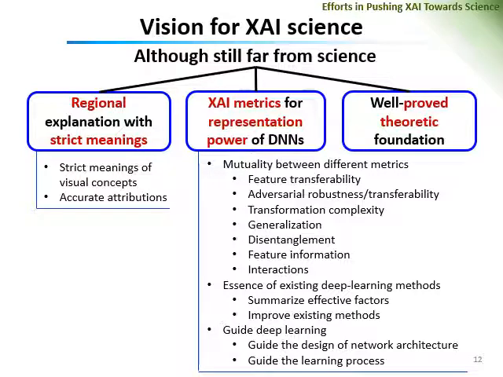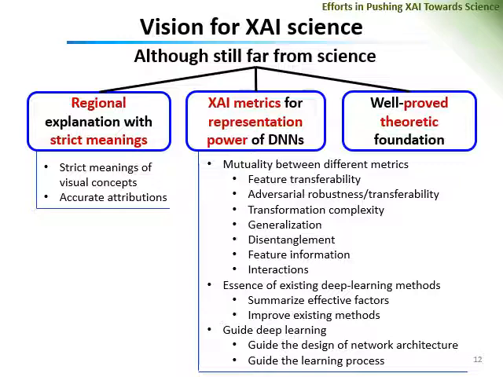Let me share my own vision for XAI science. I think it should consider three aspects. First is the rigorous explanation with strict meanings, because many people use some existing concepts to explain the knowledge inside neural networks. For example, the visual concept and the linguistic concept. Let's just take the visual concept, for example.